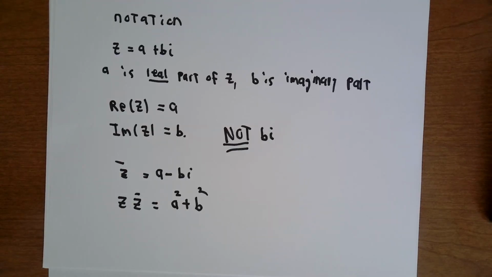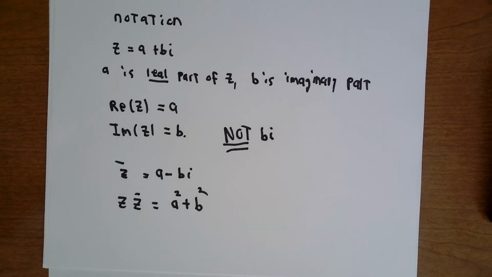If z is a number of this type, which we'll call a complex number, then a is the real part of z, b is the imaginary part. We'll sometimes write that as Re(z), real part of z, is a, and Im(z), imaginary part of z, is b.